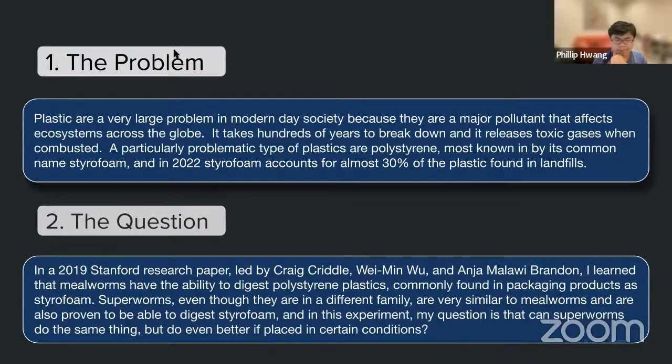So I remember an article that I read back in 2019 about how Stanford researchers had a breakthrough where they discovered that several insect larvae, including mealworms, were able to digest styrofoam. This was great because styrofoam took almost 30% of the plastic found in landfills, lakes, and rivers.